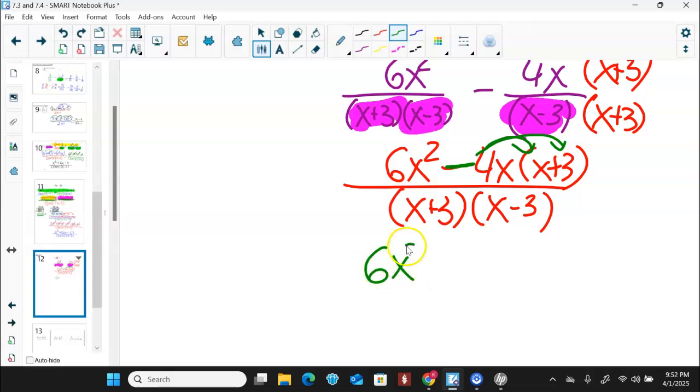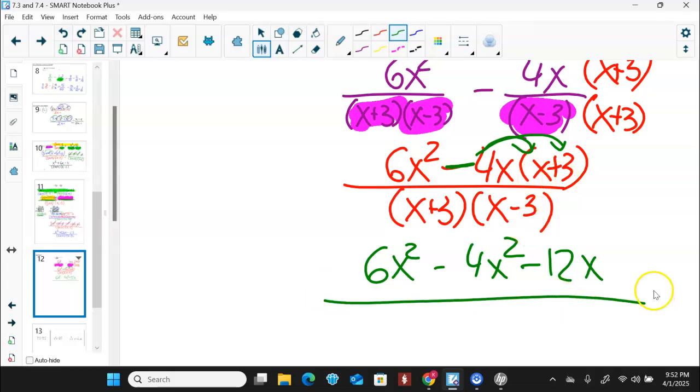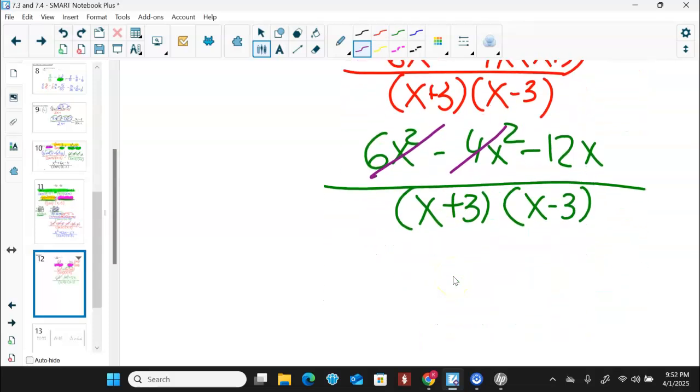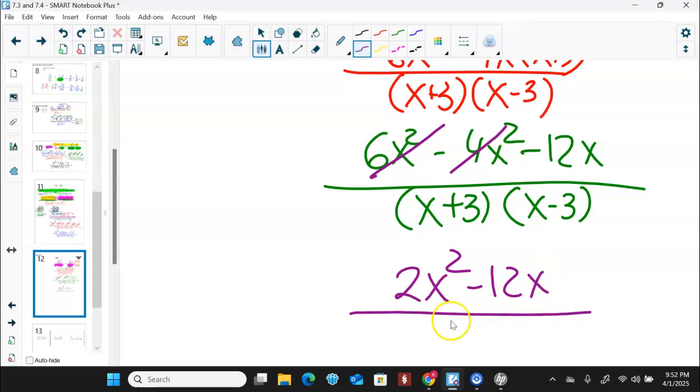So 6x squared will repeat. Negative 4x times x is negative 4x squared. Negative 4x times 3 is negative 12x. A lot of students made a mistake here and made it positive. Of course, the bottom will repeat. Okay? Now, 6x squared minus 4x squared will be combined to give me 2x squared minus 12x over x plus 3, x minus 3. And you're done.